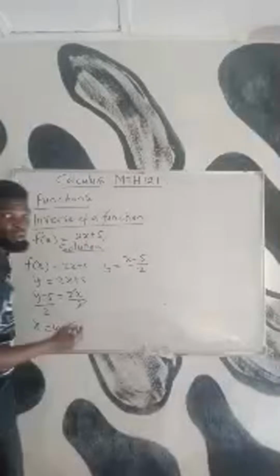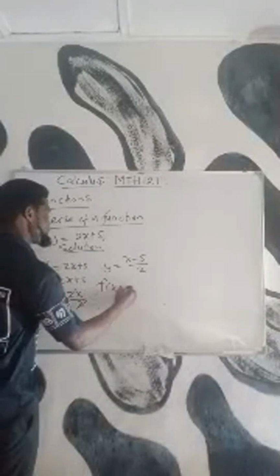In which the position of x, I have changed their position. So the inverse of 2x plus 5 is x minus 5 all over 2. That is how to find the inverse.